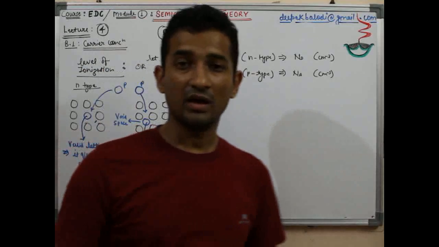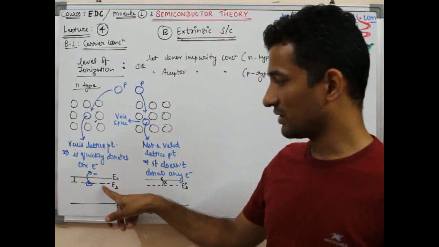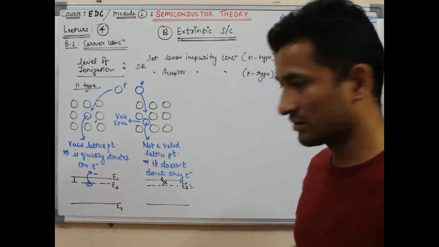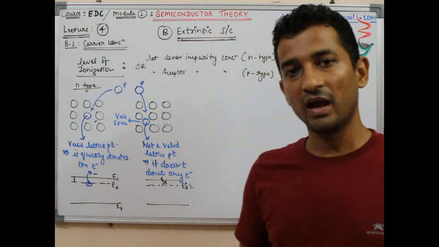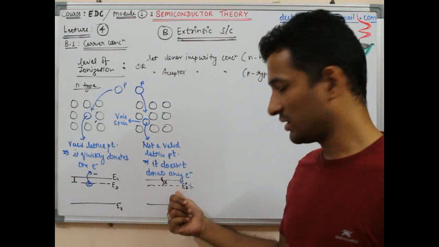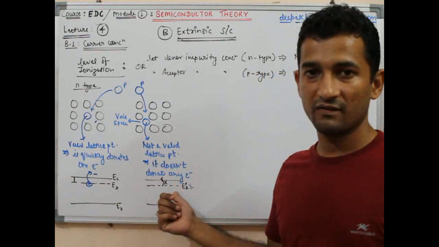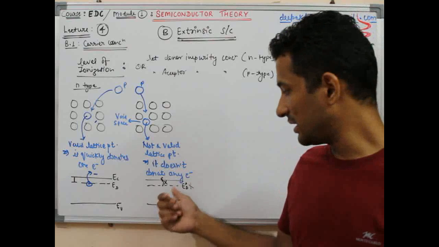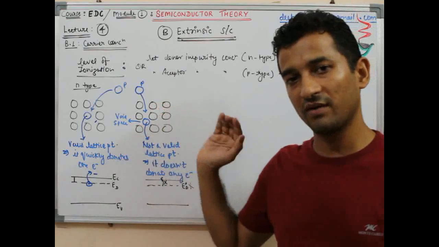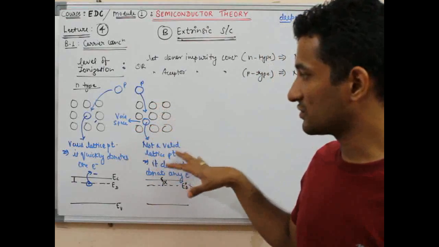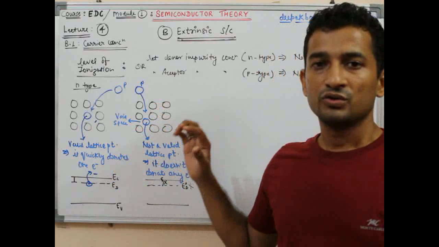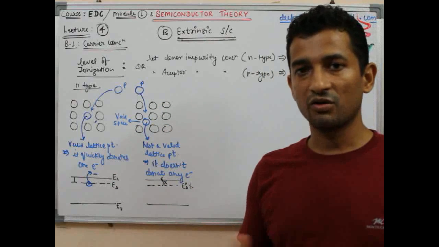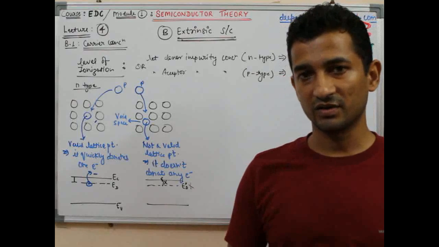In fact, ED is not lying at the same level ED here. There will not be any reliable donor energy level introduced. If there is no ED just below the EC, you cannot have any transition and the electron is not ready to be released. Such a probability is very, very low at room temperature or near room temperature, and at higher temperature.